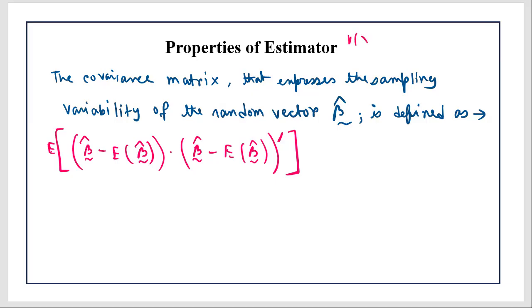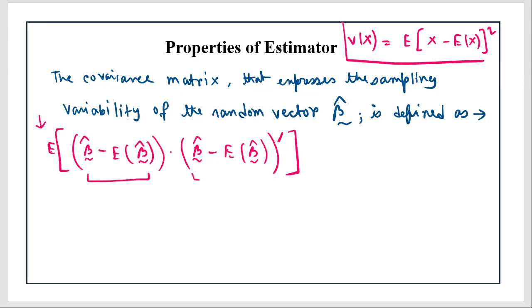What is the variance of X? The usual formula for the variance of any random variable is simply the expectation of X minus expectation of X, and a whole square of that, right? This is the formula. And this expression that we have written in matrix form exactly resembles this. So instead of square, it is expectation of X minus expectation of X, into X minus expectation of X, two times. And that is the same thing. This is the first term and this is the second term.